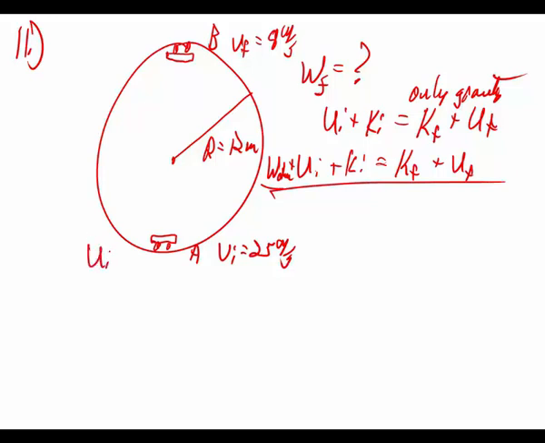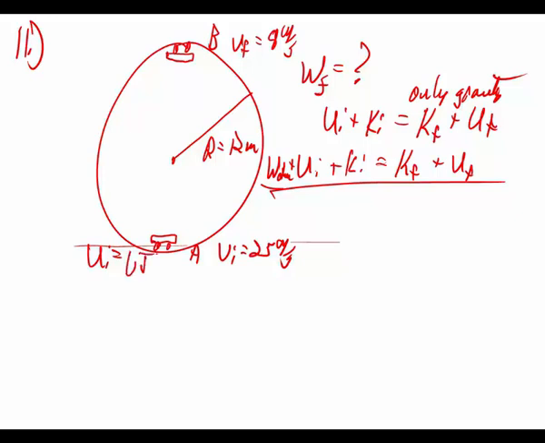What is the potential energy? What is U initial right here at A? Now, that's on the ground. We're assuming that ground level's right there. It's 0, isn't it? 0 joules.